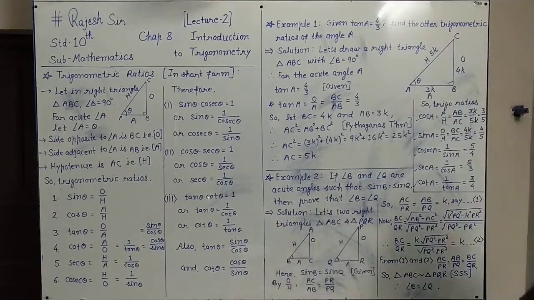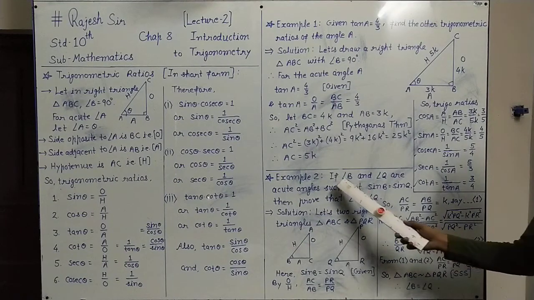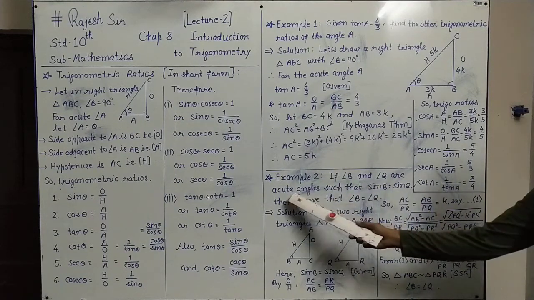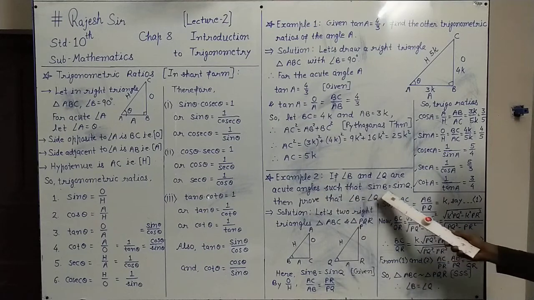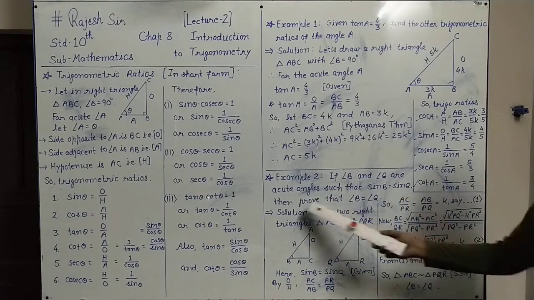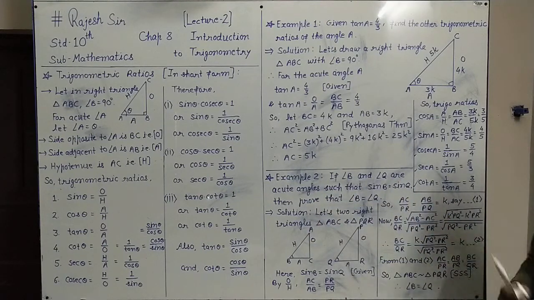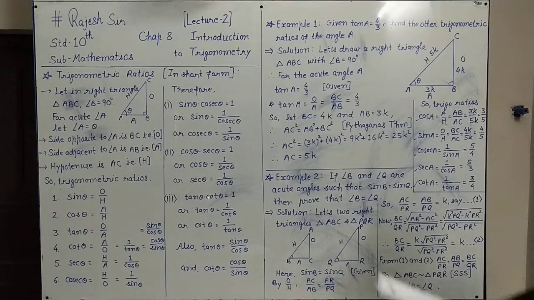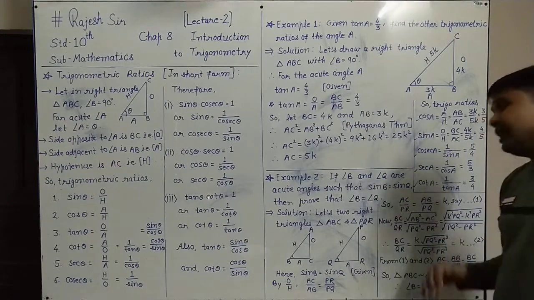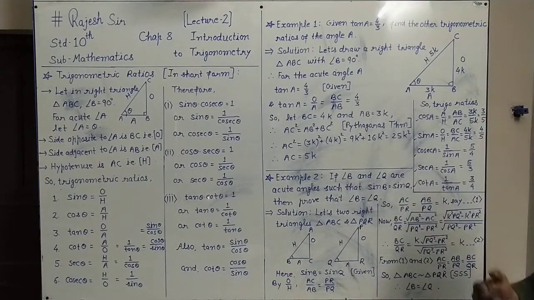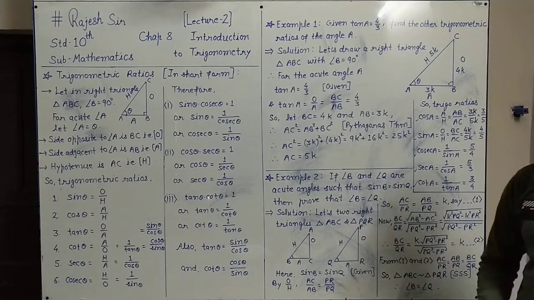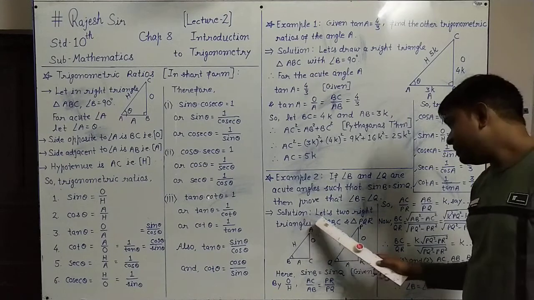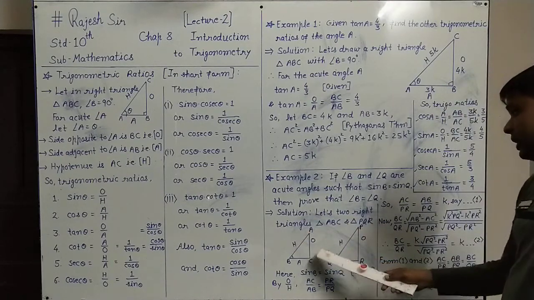Next, example 2: if angle B and angle Q are acute angles such that sin B equals sin Q, then prove that angle B equals angle Q. To show it, we have to imagine two triangles, triangle ABC and triangle PQR. So the solution: let's take the two right triangles we have drawn here.